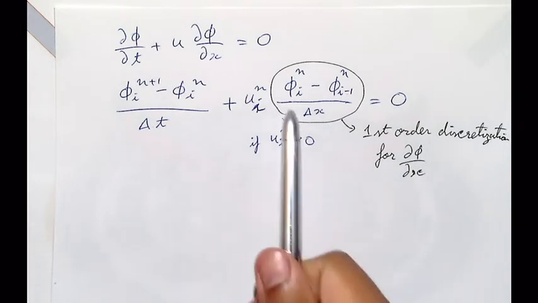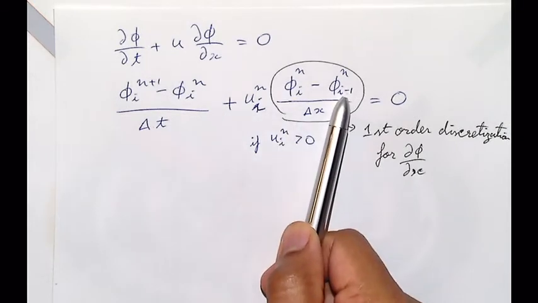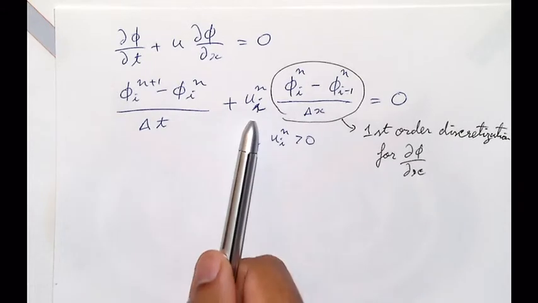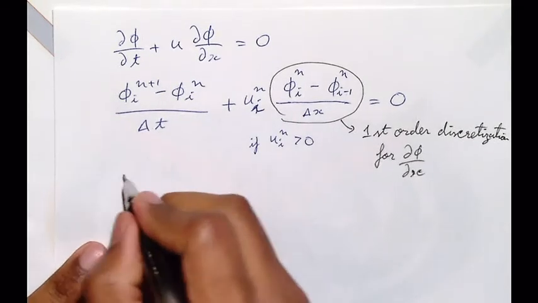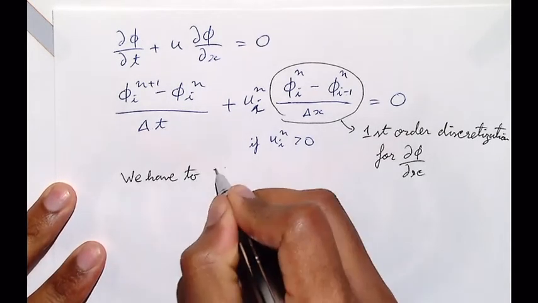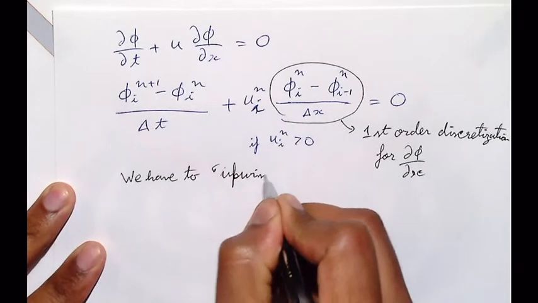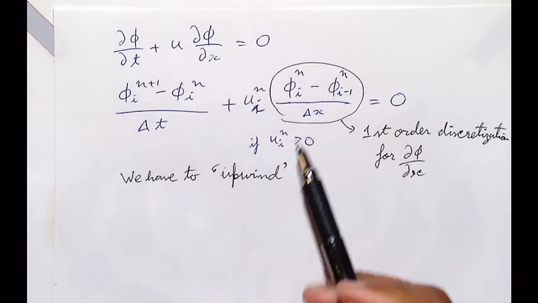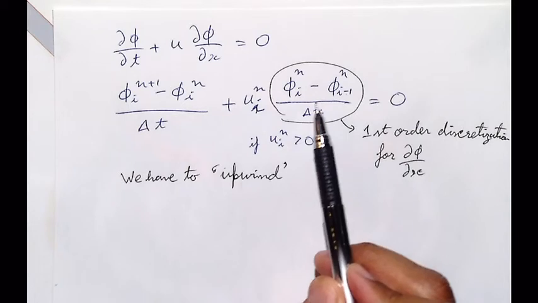You mean I can go to I plus 1 minus I? Yep. I should do that only if this is negative, right? Because we have to use upwinding. So as you were saying, we could go I plus 1 minus I, but only in the case that this is negative.